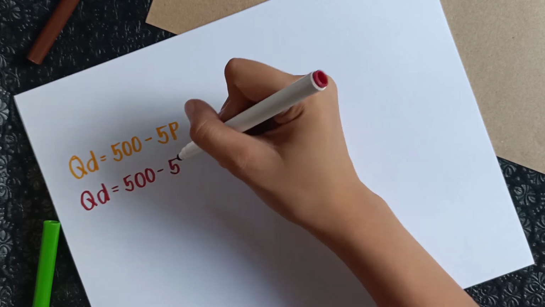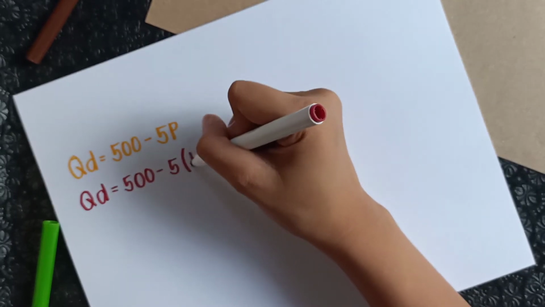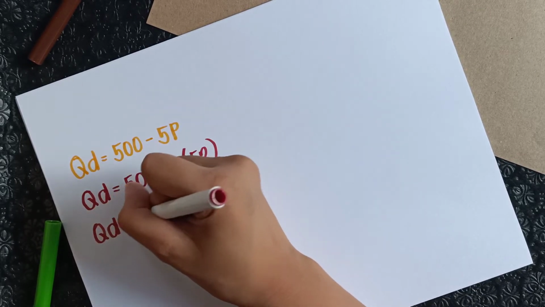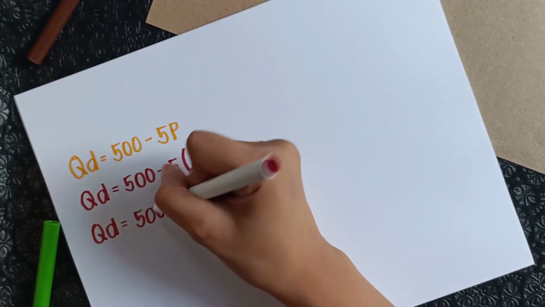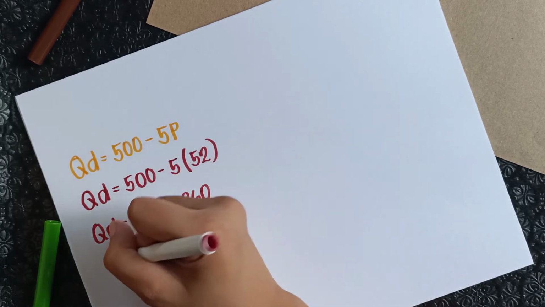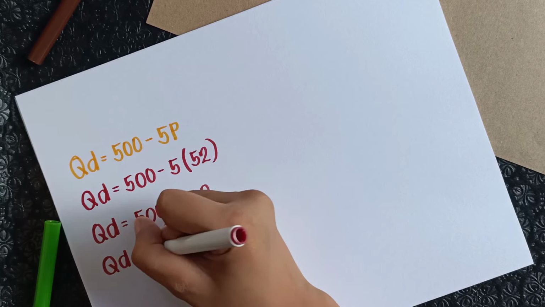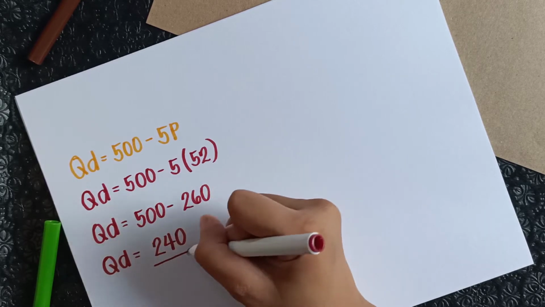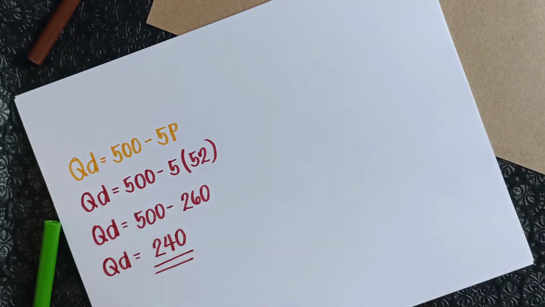Again, QD is equal to 500 minus 5P, so substitute P with 52. QD is equal to 500 minus 5 times 52, which is 260. QD is equal to 500 minus 260, so we have quantity demanded is equal to 240.